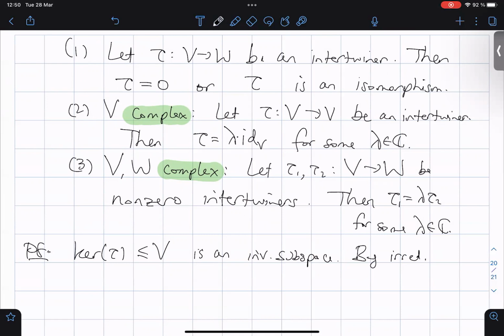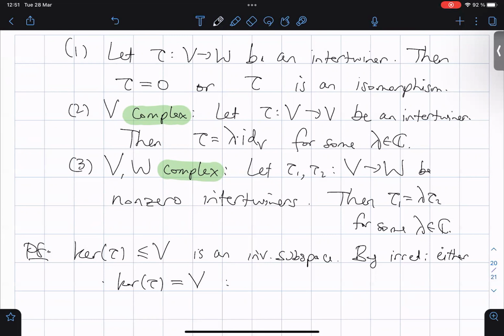Since it's an invariant subspace, remember, V is an irreducible representation. What does that mean? It means that the only invariant subspaces inside V are 0 or the whole thing. So by irreducibility, let's do the full thing first.